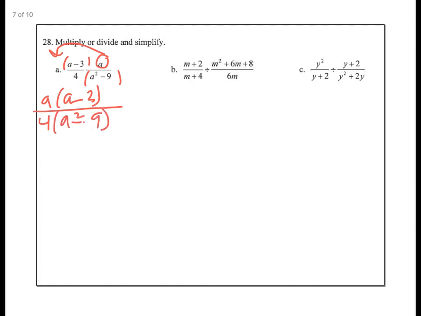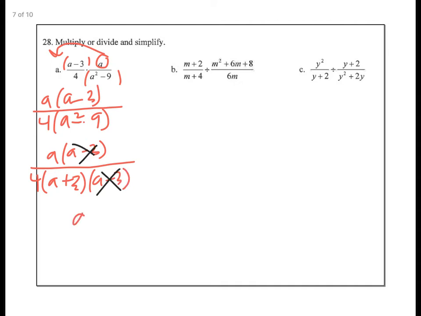Now I'm just factoring whatever I can. Up top, it's already factored: a times a minus 3. There's nothing left to take out. On the bottom, I can factor the a squared minus 9: a plus 3, a minus 3. Sorry, getting a little sloppy. I can cancel an a minus 3. So I'm left with a over 4 times a plus 3. Final answer.